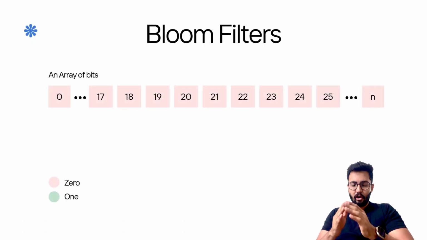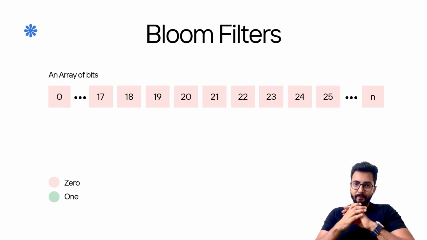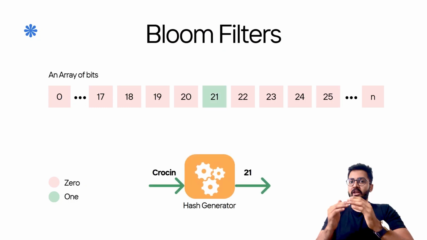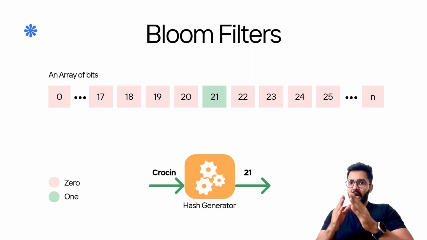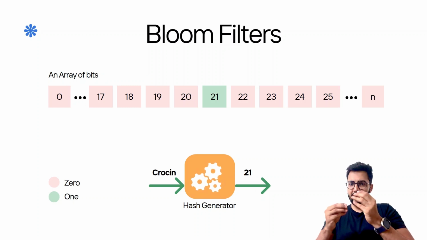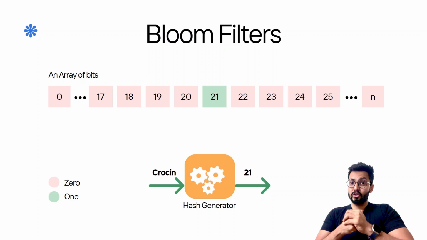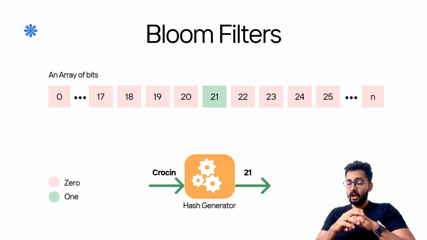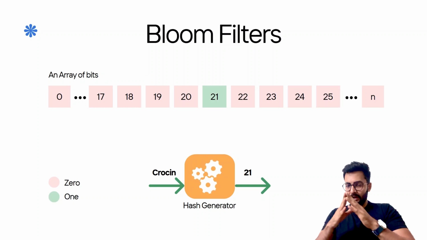It is an array of bits with a length of n elements, each element storing either 0 or 1. Now, whatever data is being stored will pass through a hash generator function that generates a hash value. In our case, let's say when a medicine named Crocin is being stored to the stock, it first passes through a hash function which generates a hash value 21.